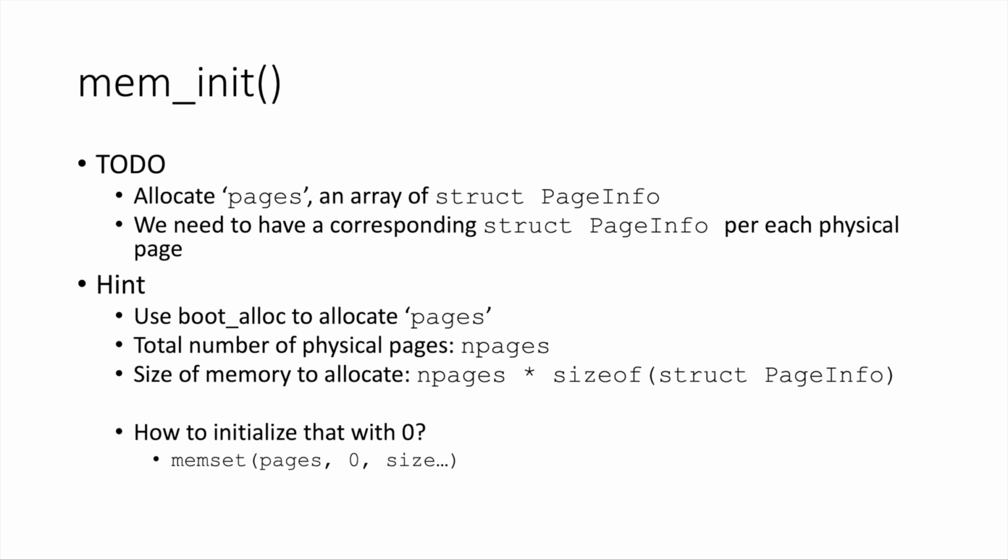After running bootalloc, you can initialize all the elements and fields of the array by running memset on pages for the allocated size with value 0.